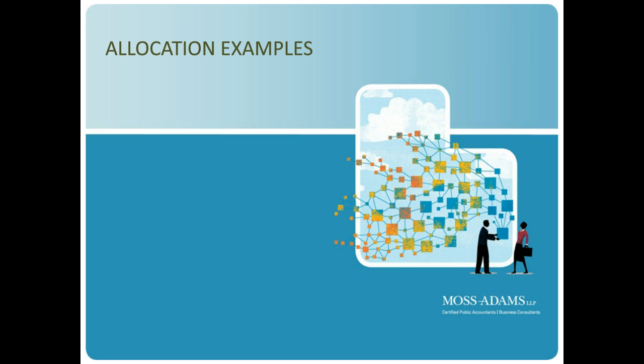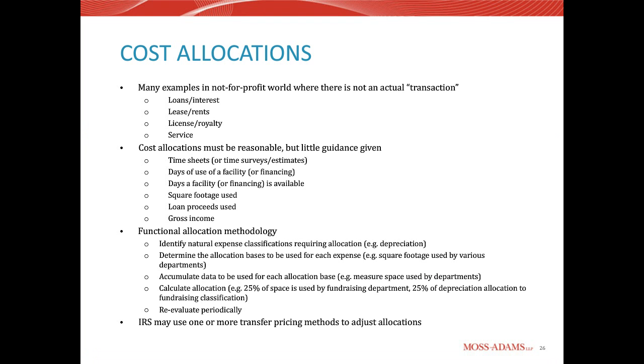Okay, Darren, thank you very much. Before we do that, I do want to point out one thing on Darren's last slide. We talk about transactions, and I think it's key to emphasize that, yes, you may have an actual transaction where your taxable entity receives services or a loan from a non-taxable entity, for example, but we're also talking about situations where there is not an actual transaction.